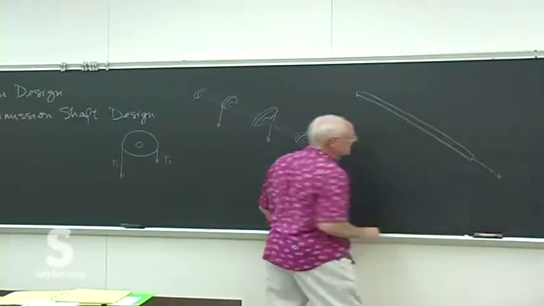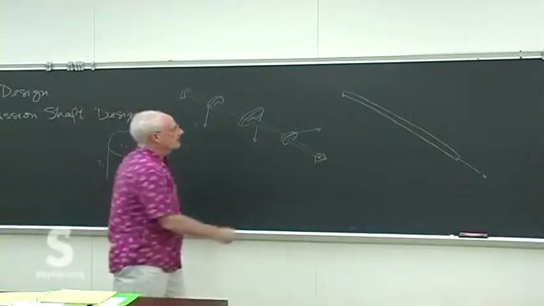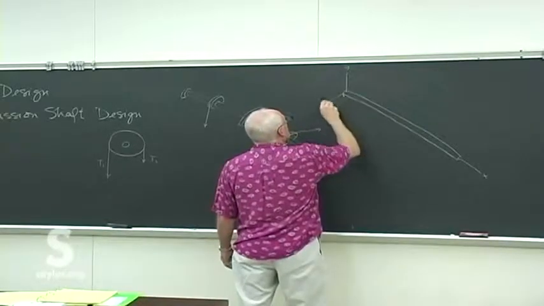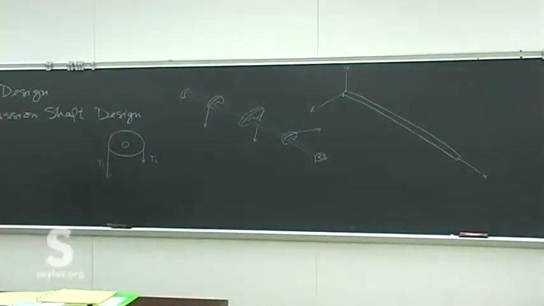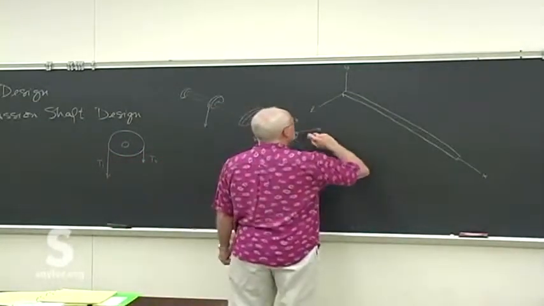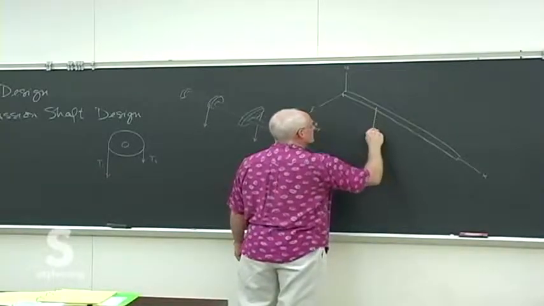So, let's put some directions to this. We'll typically take axial direction as the X, and then we have Y and Z directions. And these can be as arbitrary as we need to simplify the problem, especially as you'll see in a little bit. So there's forces at each one of these points where there's a gear.